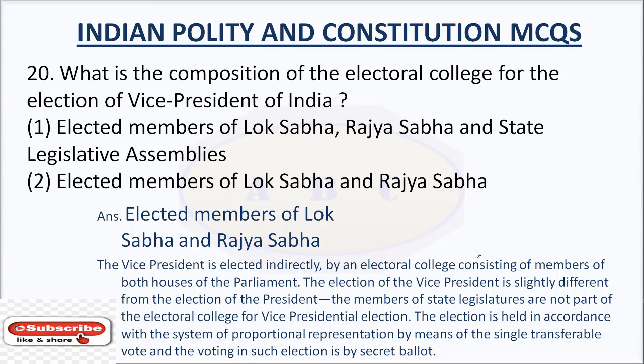Members of state legislatures are not part of the electoral college for vice presidential election. The election is held in accordance with the system of proportional representation by means of the single transferable vote, and the voting in such election is by secret ballot.